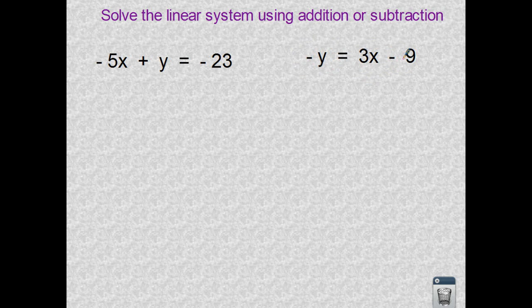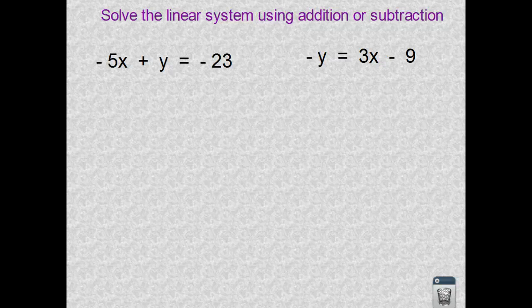So we've been working a lot with rearranging equations, manipulating them so that they look the way I need them to look to help me solve problems. So let's take the second one and use some inverse operations to put our x and y on the same side.